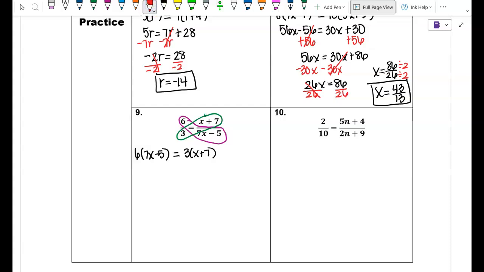Again, I end up with quantities on both sides, so I'm going to have to distribute on both sides. On the left, I'm going to distribute the 6. On the right, I'm going to distribute the 3. So we get 42x minus 30 equals 3x plus 21.